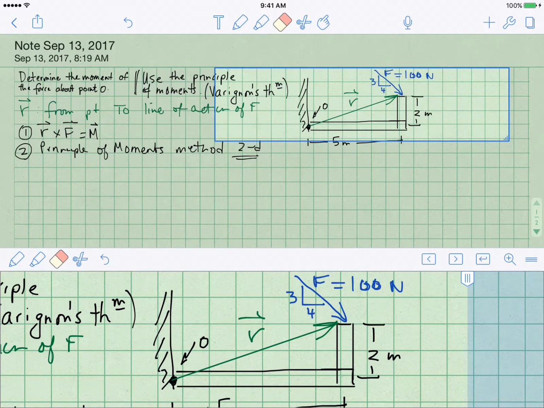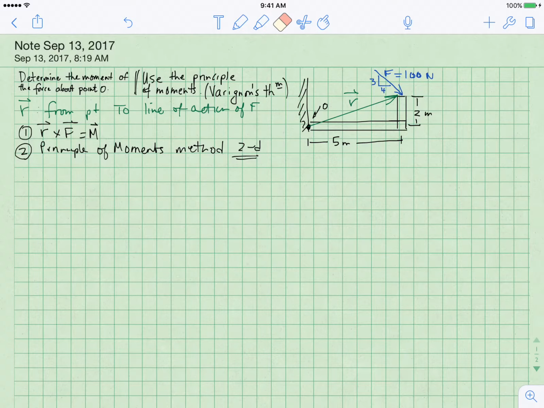So over here, what I would like you to notice is that we can think about this blue force, F equals 100 newtons. We can think about it in terms of its x components and its y components. And so let's just do that real quick. So what I'm saying is we can think of the y part of F as doing that, and the x part of F is doing that. So let's think about that y part first.